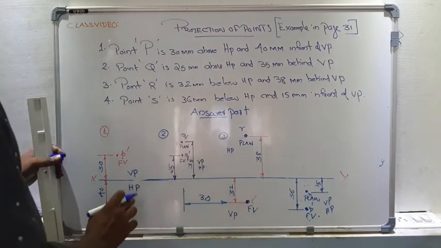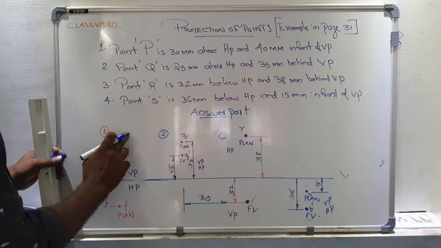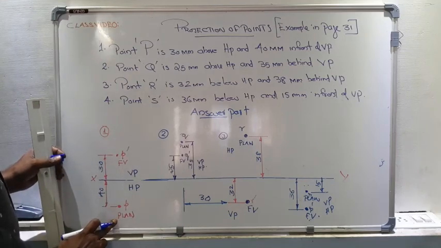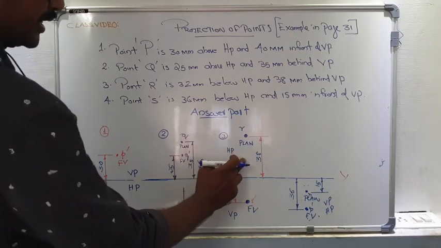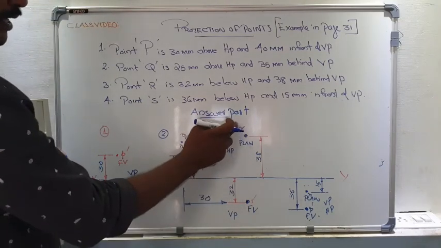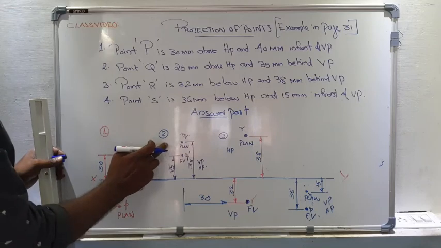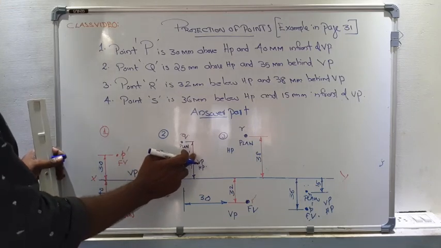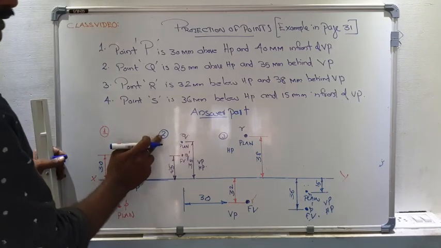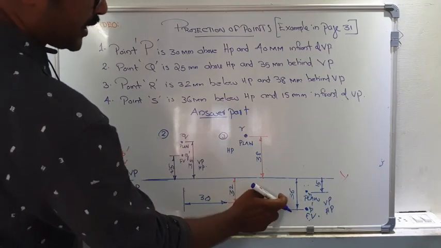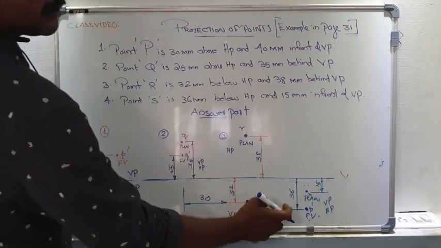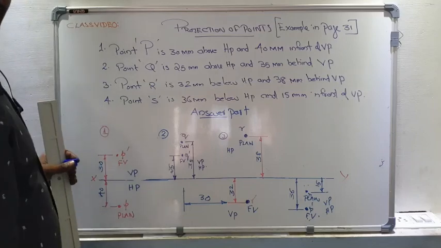Now once again, in the case of first quadrant, plan should definitely come below the XY line. In the case of third quadrant, plan should definitely come above the XY line. In the case of second quadrant, both plan and front view come above the XY line. Whereas in the case of fourth quadrant, both plan and front view come below the XY line. Okay.